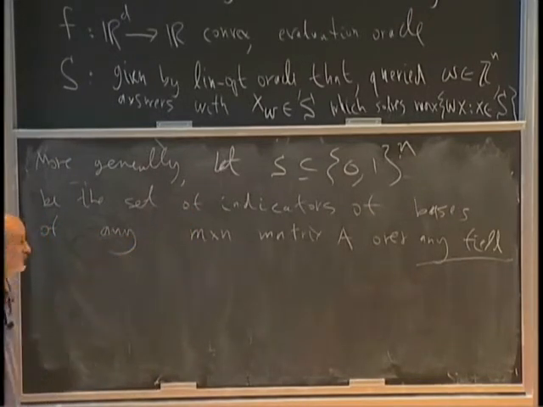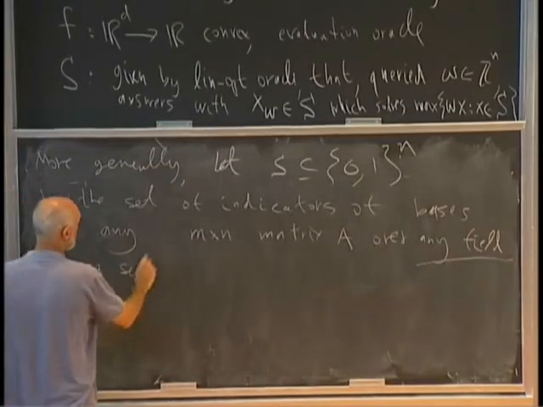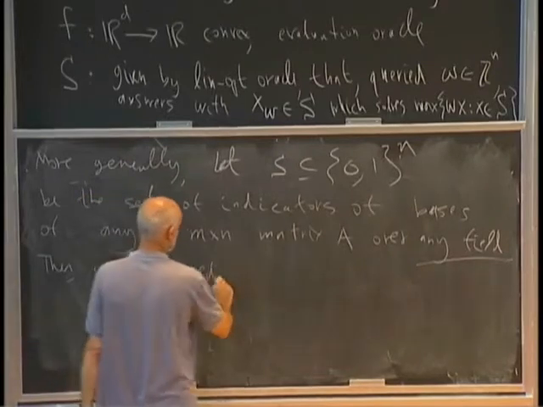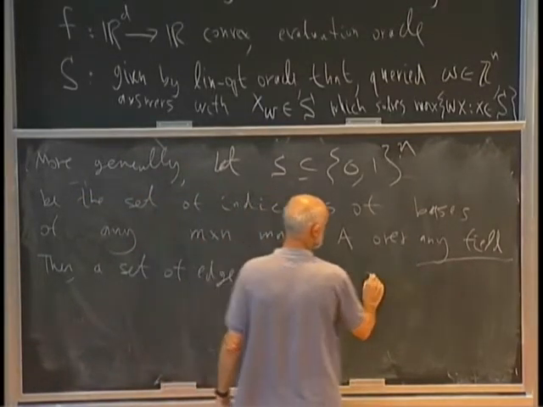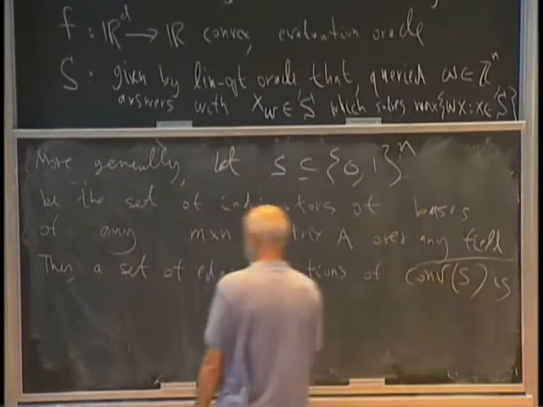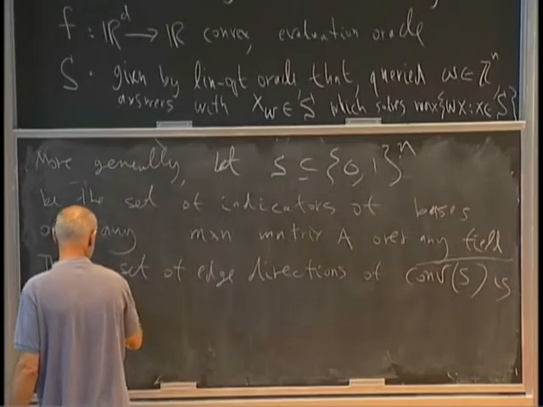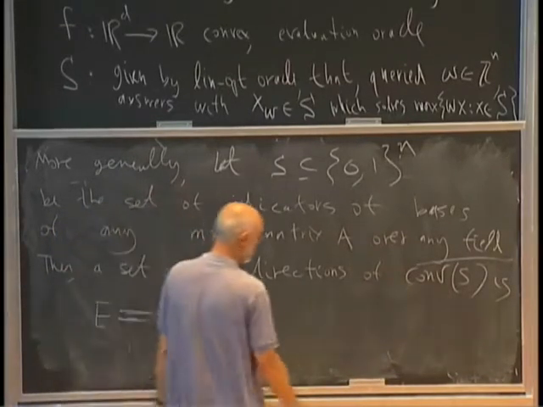So now I want to optimize over this. The set of edge directions of the convex hull of S is, a guess?